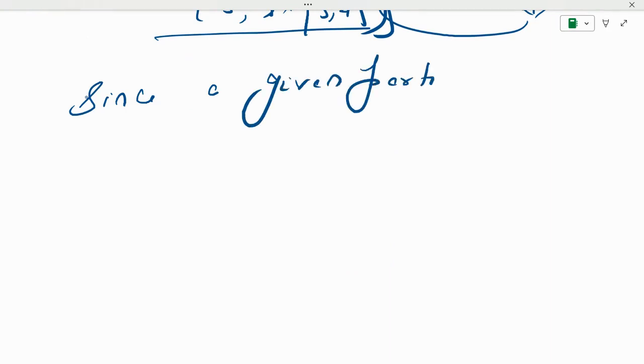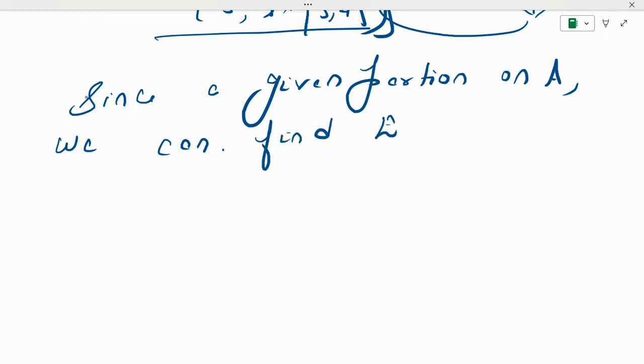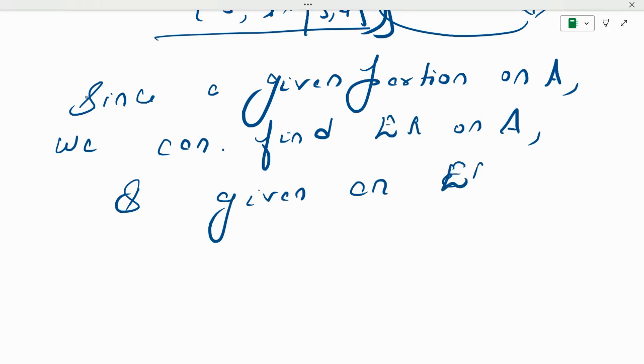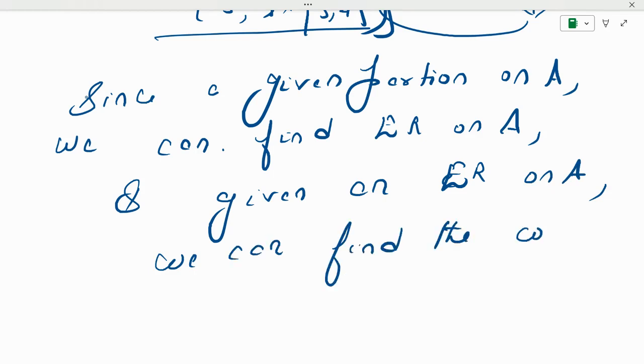The second result: given a partition on A, we can find an equivalence relation on A, like what I have just illustrated, and given an equivalence relation on A, we can find the corresponding partition.